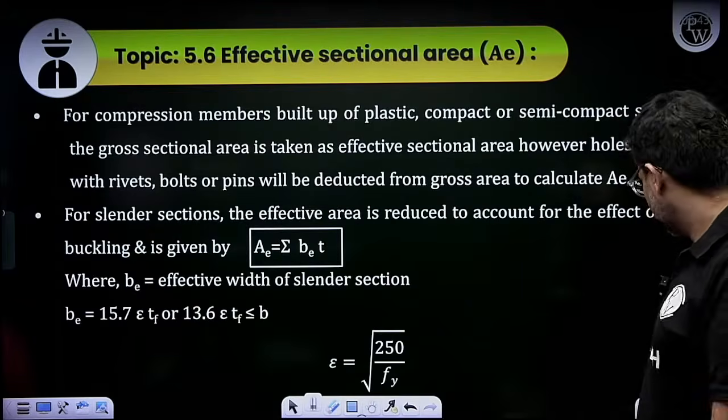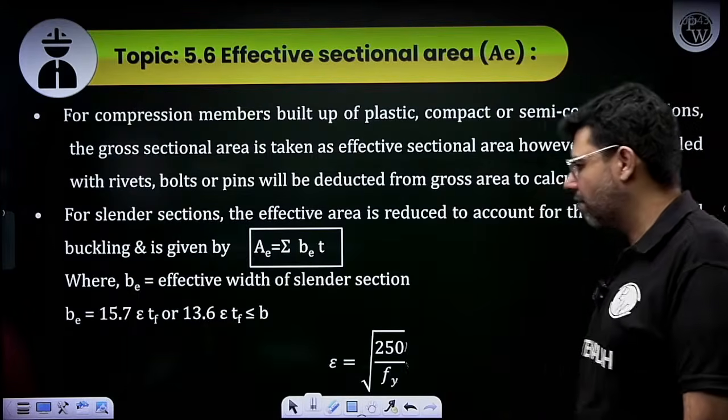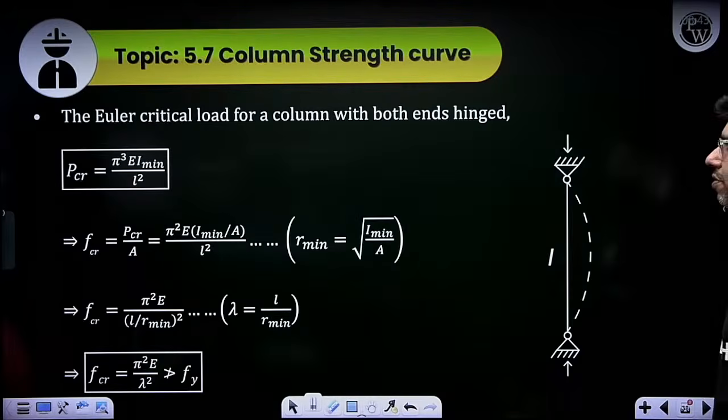Okay. And epsilon here is square root of 250 by Fy, that is the yield stress ratio.